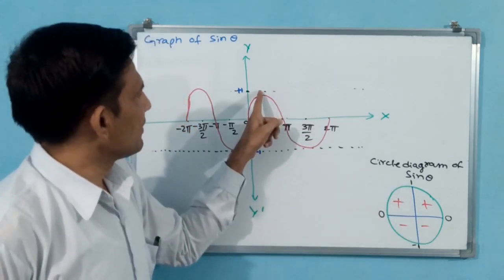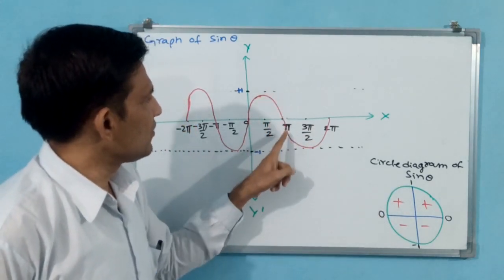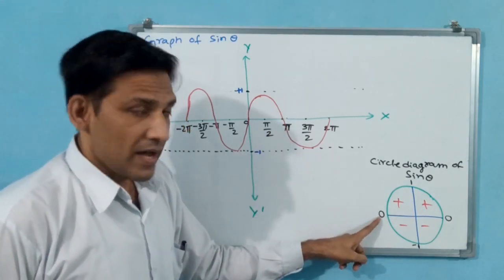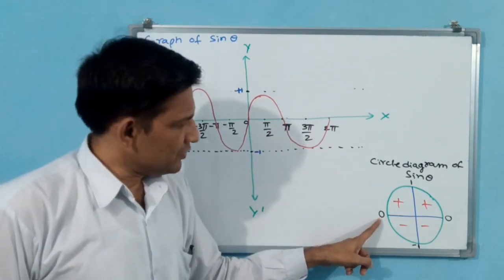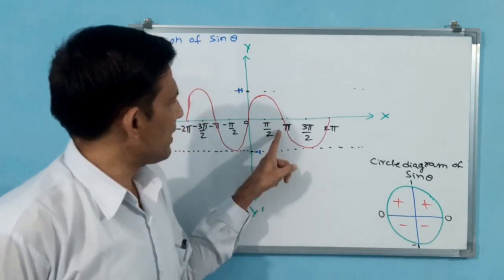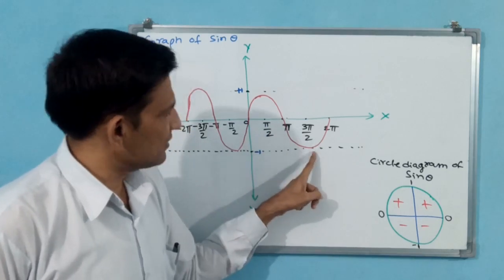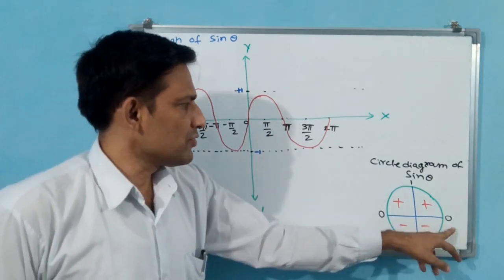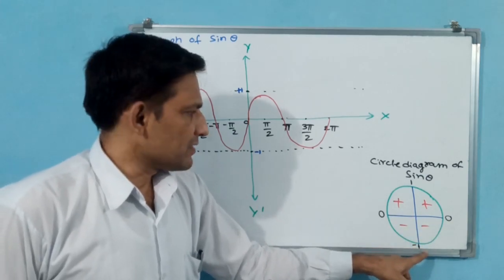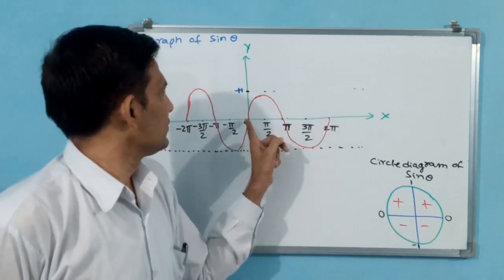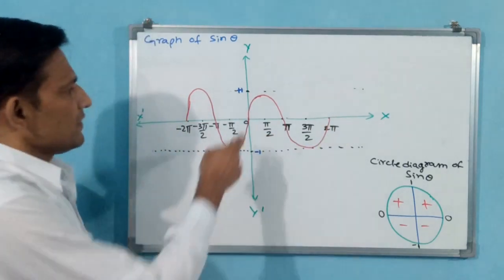Again it has increased but in the negative way, 0 to -1, from pi to 3 pi by 2. Again from 3 pi by 2, it has gone from -1 to 0.